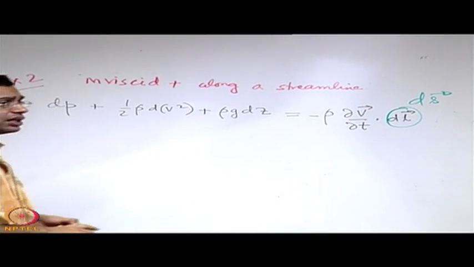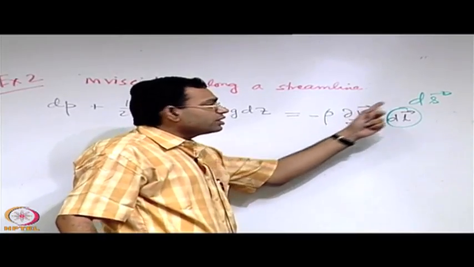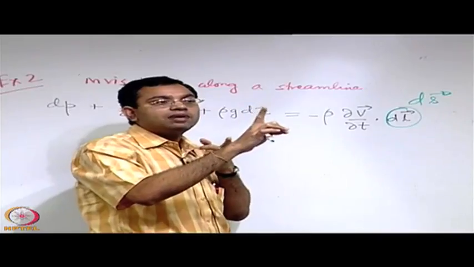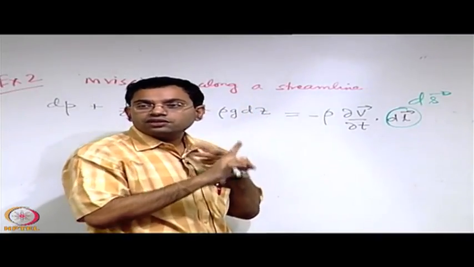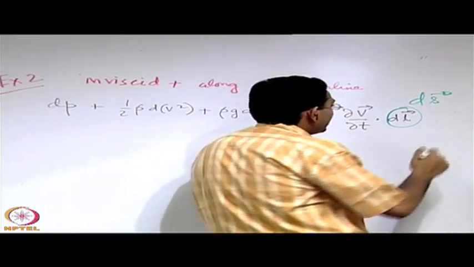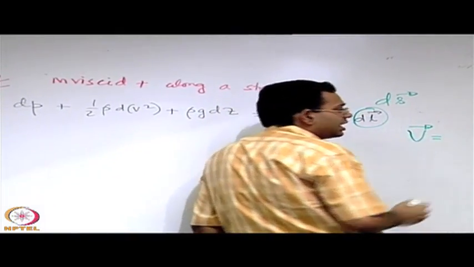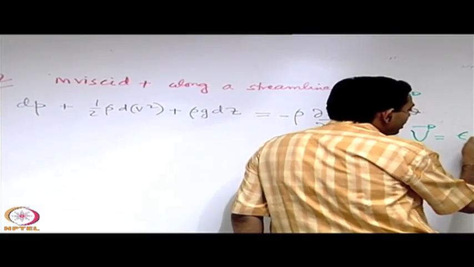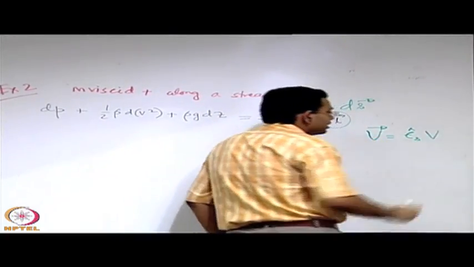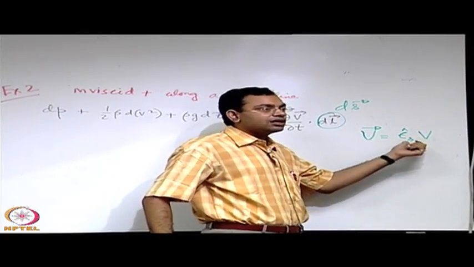Now when we are considering the streamline, V is already oriented along the streamline, because that is the definition of the streamline. Tangent to the streamline represents the direction of the velocity vector at each and every point. So if you write in terms of the streamline coordinate, let us say that epsilon s is a unit vector in the streamwise direction. So V, you can write the magnitude of V times the unit vector in the streamwise direction.